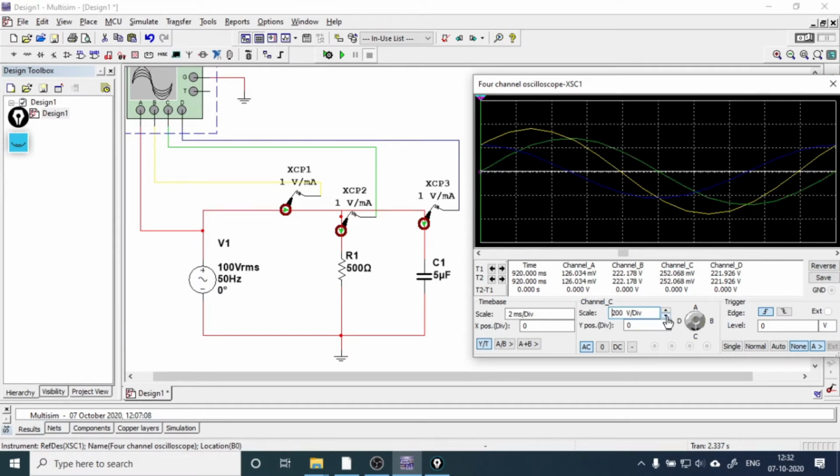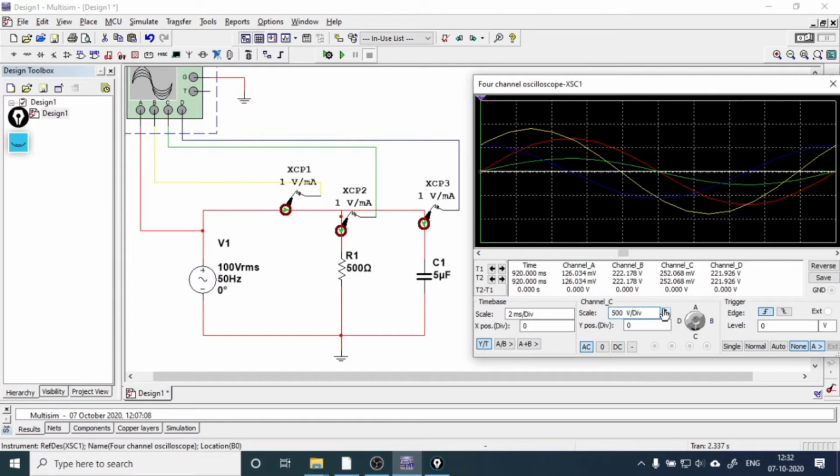To have a clear idea of the magnitude of all these three currents, I am keeping the scale of B, C and D channel the same. Right now the channel A, the supply voltage, is just below this green waveform.